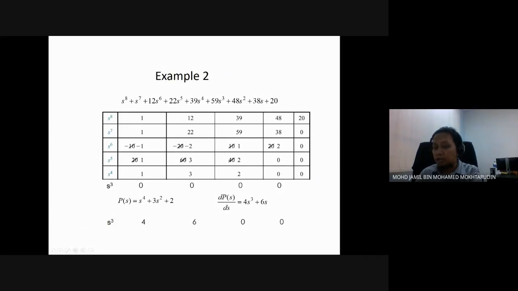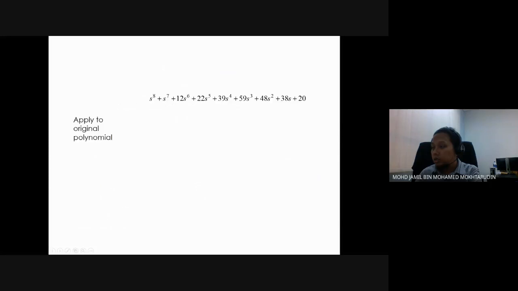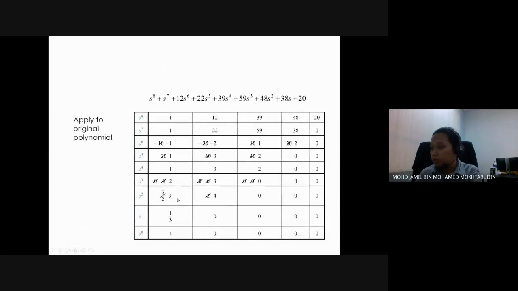And then you continue as usual. Okay, you can choose to simplify or not simplify. It will produce the same results. So here s cubed, and then s squared, s to the power of 1, and s to the power of 0. You just continue as usual.